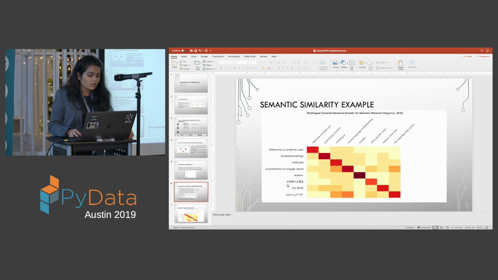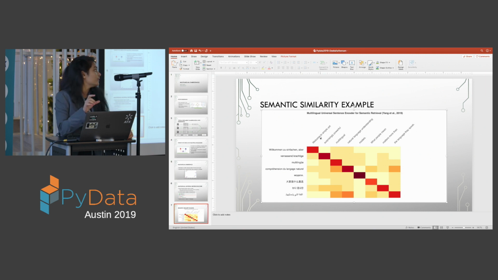Just as an example for the semantic similarity, this is just one single sentence. It's welcome to simple yet surprisingly powerful multilingual natural language understanding models. What people mean matters more than the language they speak, right?